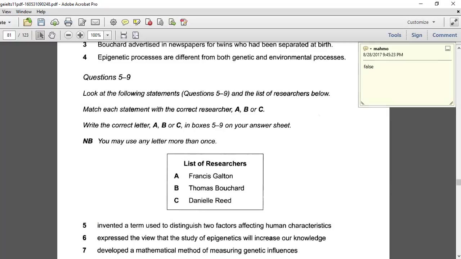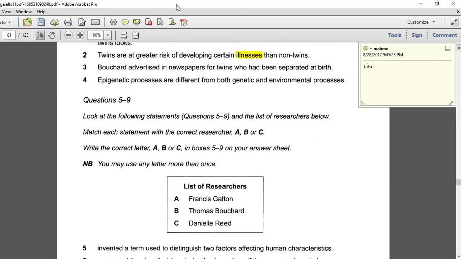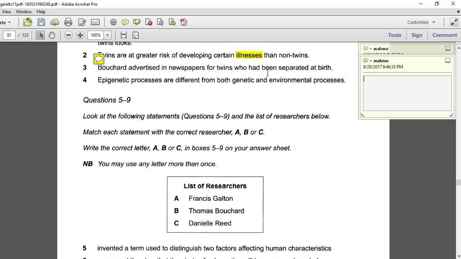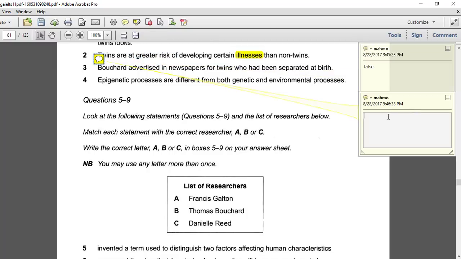Twins are at greater risk of developing certain illnesses. It doesn't say whether twins or non-twins are at more risk. So this is not given, because the passage does not compare twins and non-twins, which is more at risk of developing diseases.